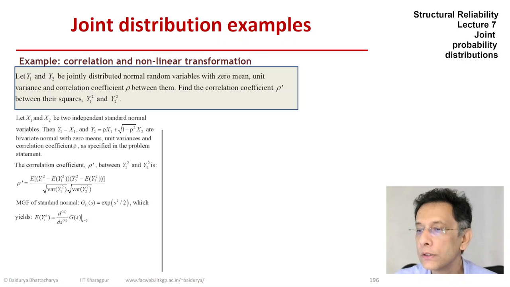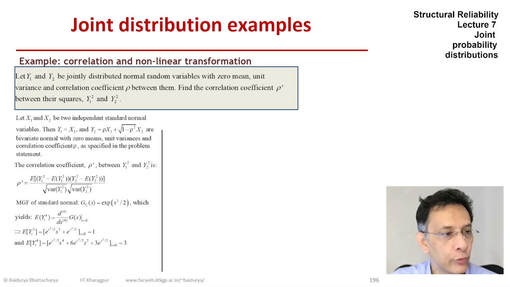For that we are going to use the moment generating function of the standard normal random variable, which we did a few lectures back, and which is exponential of s squared by 2, and the kth derivative of that evaluated at 0 gives me the kth raw moment of y1 and y2.